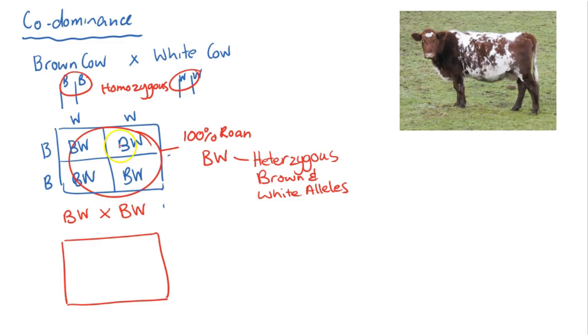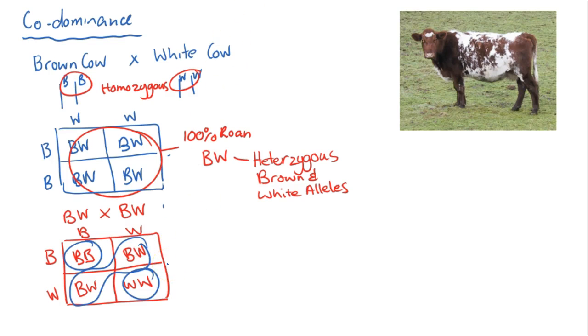Notice here, instead of just going brown cow and white cow with the alleles, I've just said I'm crossing a BW with a BW here. Now, when you cross these guys, you end up with either pure white, pure brown, or again the heterozygous version, which is roan.